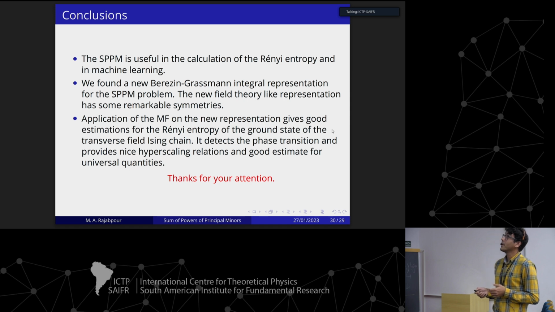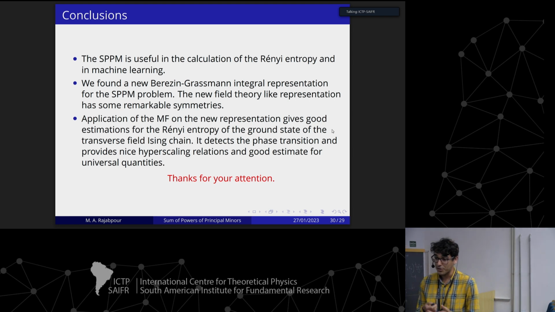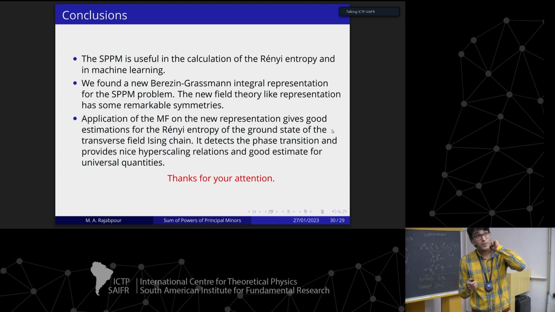Yeah, so for the mean field, I just showed you one example of the mean field calculation, which worked pretty well to calculate the Rényi entropy of the ground state of the transverse field Ising chain. Of course, there are a lot of questions, like, is it possible to use this machinery to, for example, go to n equal 1, which is the Shannon entropy?